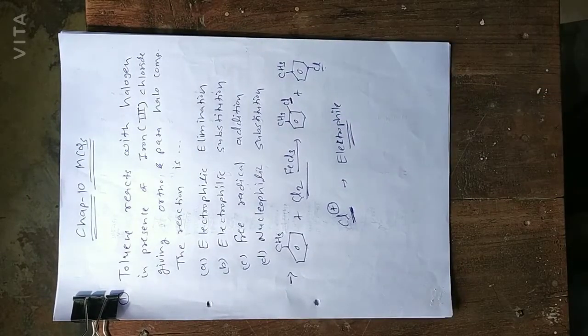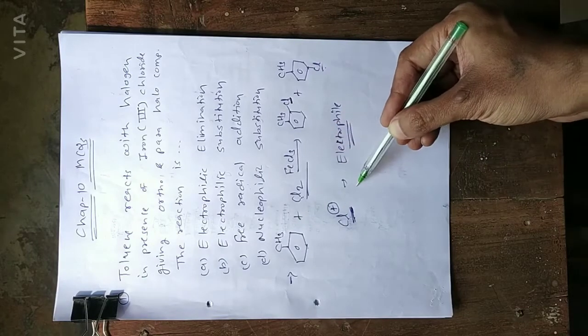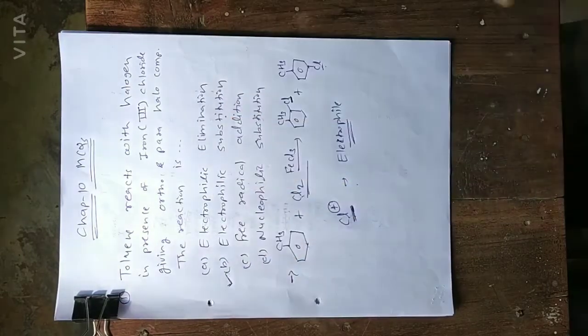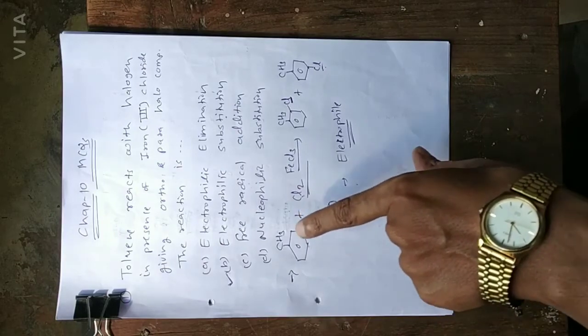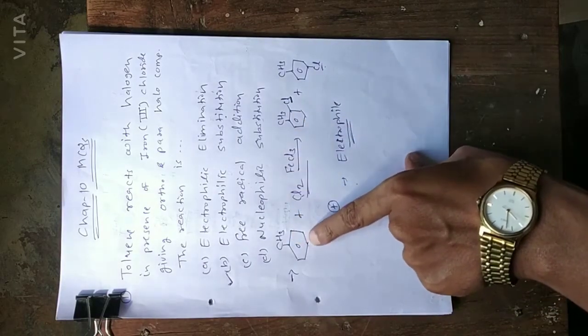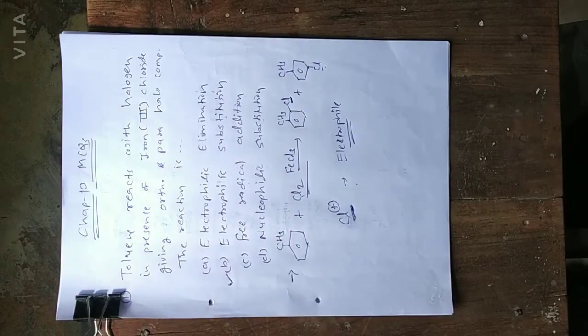So our reaction is electrophilic substitution reaction, option B. Again, our reaction is substitution reaction because hydrogen is replaced by chlorine from ortho and para position, and chlorine enters into benzene as Cl plus ion. So it is electrophile. So the reaction is electrophilic substitution reaction, option B.